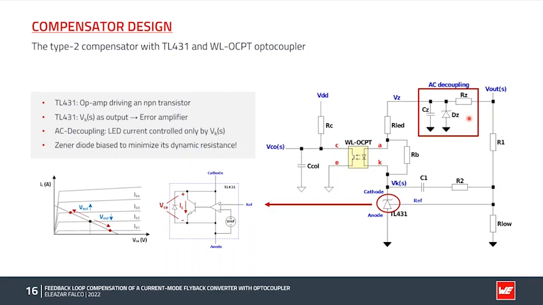But for the best AC decoupling, the Zener diode must be properly DC biased in order to reduce its dynamic resistance. Also, another thing to mention here is that the output voltage of the compensator corresponds to the collector emitter voltage of the optocoupler phototransistor, as it is configured in common emitter in this case.